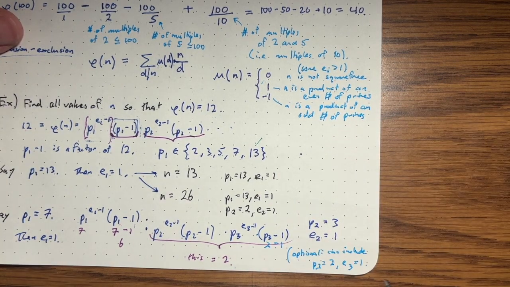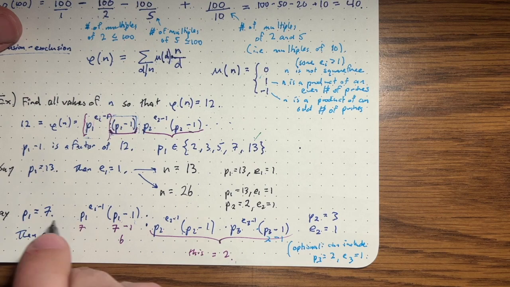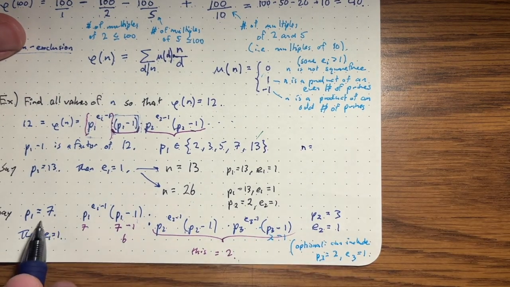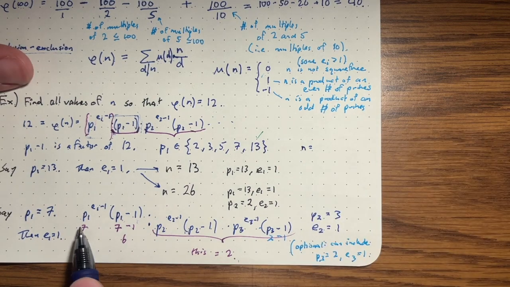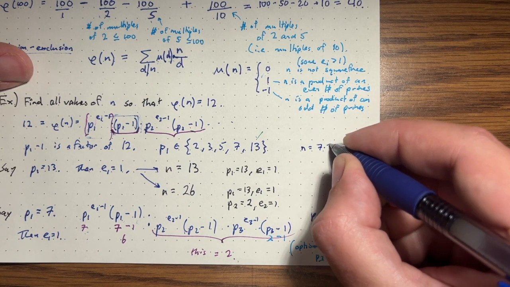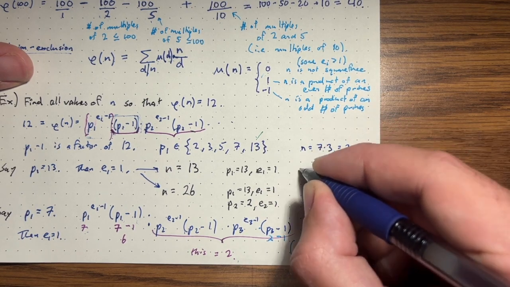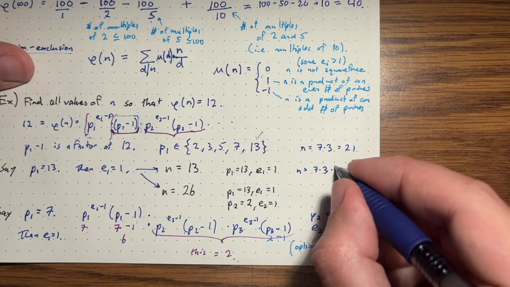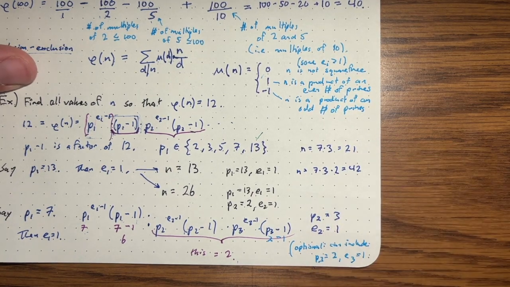I kind of told myself I'd stop at the end of this page, but let's at least keep track of these. So n could also be, we could have P1 equal 7 and P2 equal 3, both with exponents of 1. So n could be 7 times 3, which is 21. Or n could be 7 times 3 times an additional 2 to the 1, which is 42.